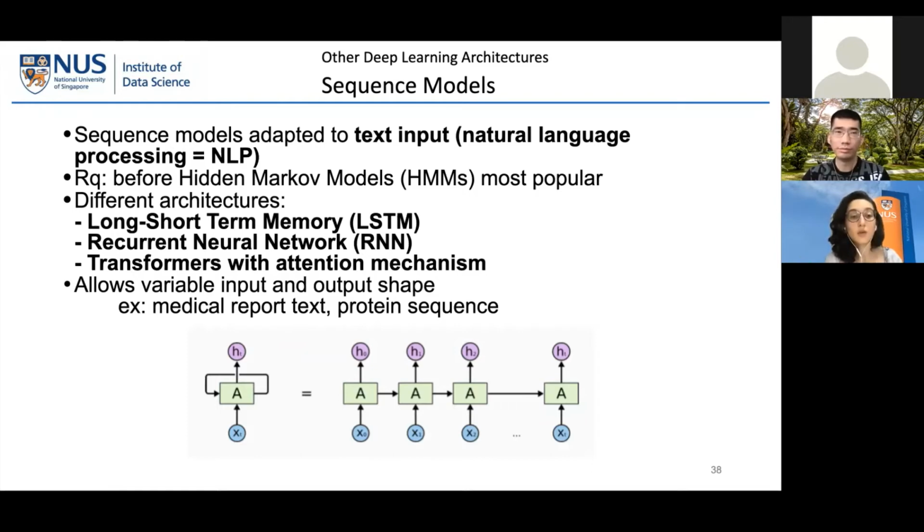And maybe you want to give freedom to the model to use more words when you translate. Maybe in English you only need one word, and in French you need two words. So you want to give this input-output shape freedom, okay? That's the idea.